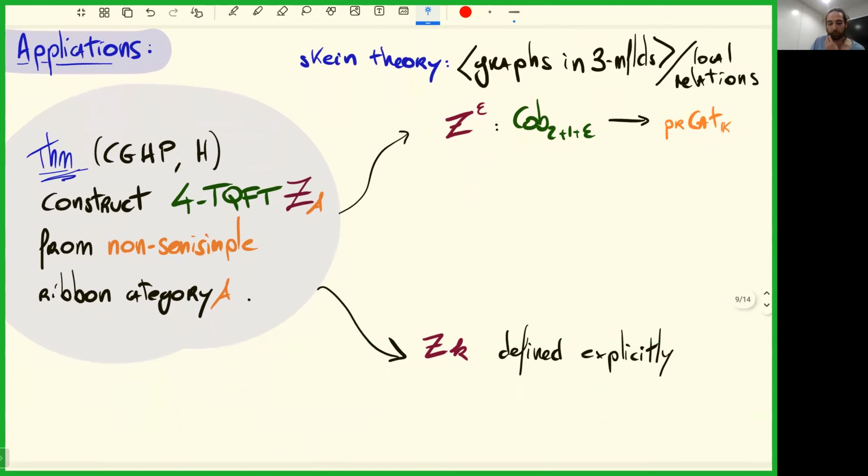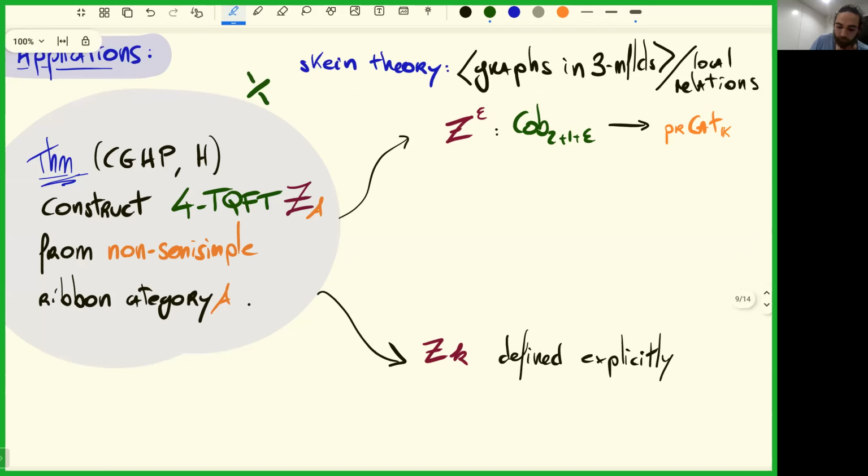So the example I have in mind comes from skein theory. Skein theory is a theory of some graphs living in 3D. The example you might know about is this Kauffman bracket skein theory, which tells you something like: you will have graphs in 3D, tangles in 3D, and you mod out by this local relation that every time you see a crossing, you can resolve it in two ways.